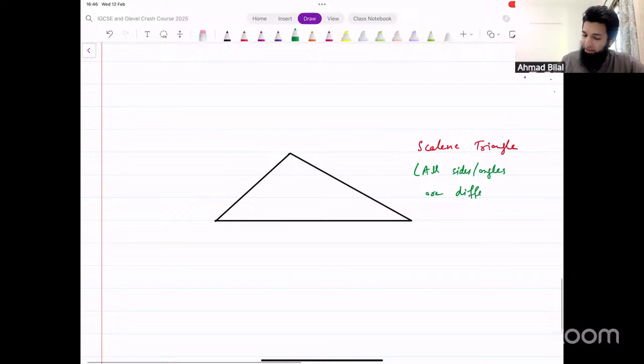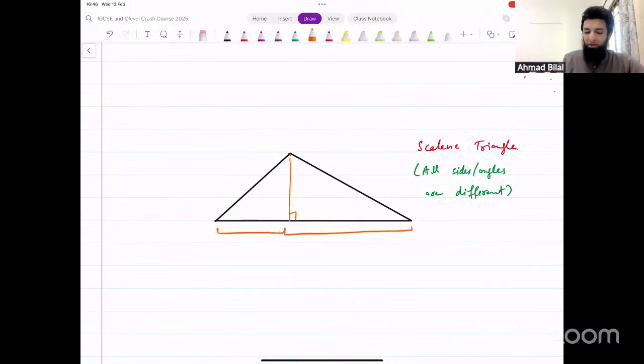In this case, none of those properties apply. If you were to break this triangle down into two parts, or if you were to draw a perpendicular here, you cannot assume that this perpendicular is going to cut this side into two equal parts. That's not going to be the case. If this is x, this is y, x is not going to be the same as y.